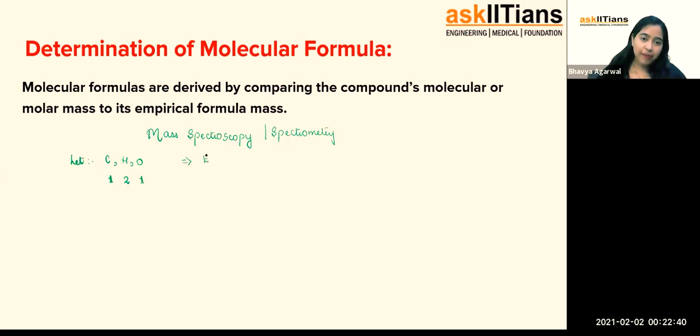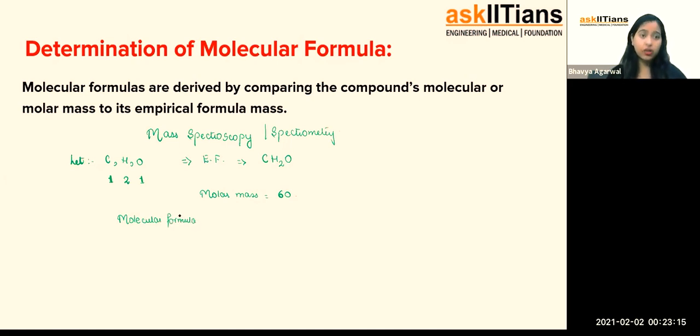So, its empirical formula will become what? C1H2O1, CH2O will become its empirical formula, right? Now, suppose the molar mass which we found with the help of mass spectroscopy is 60. The molecular mass was 60. So then, can I find out the molecular formula?